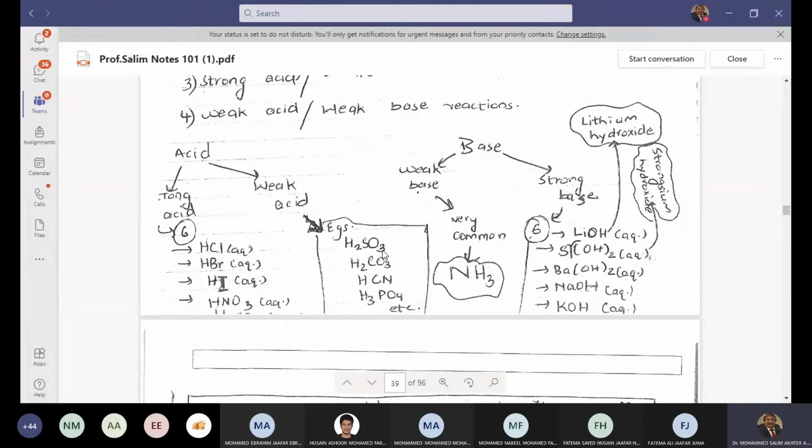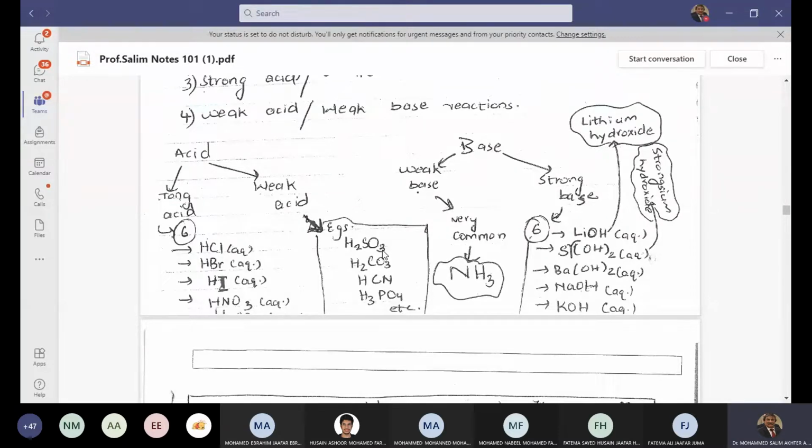Similarly, if you have less oxygen, we call it sulfurous acid. More oxygen, RIC. Less oxygen, ROUS. I have given you another example in chapter 2. Your notes is there. In case it is not there, you can listen to my recording.